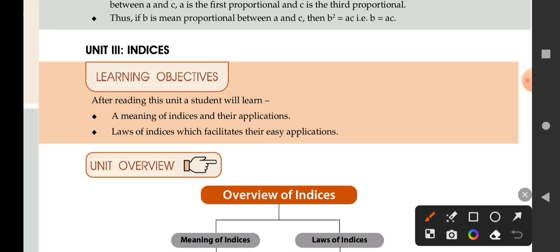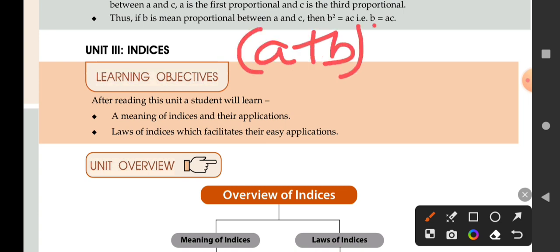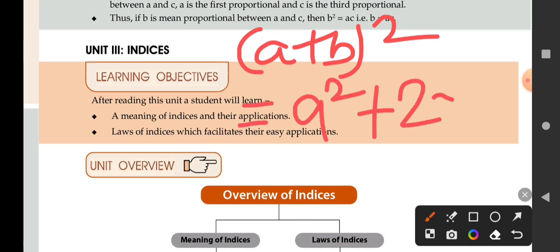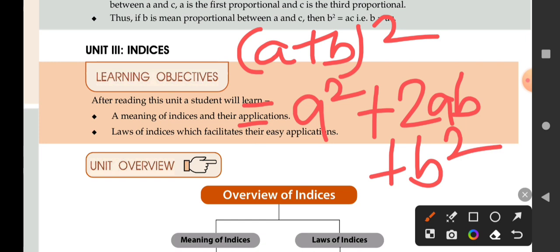Okay, let's see what I'm talking about. So what is a plus b whole square? It is a square plus 2ab plus b square. Correct.